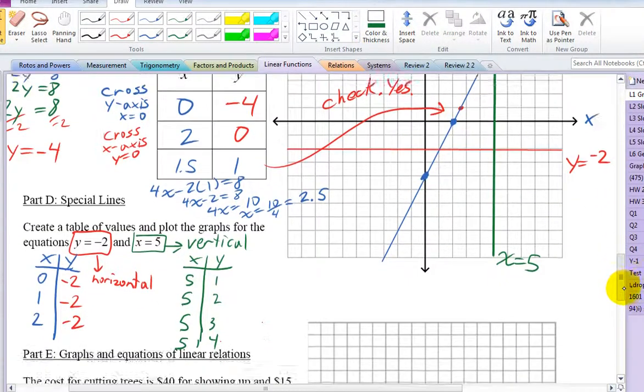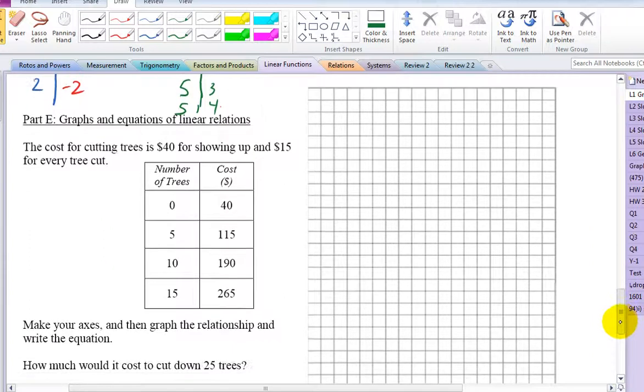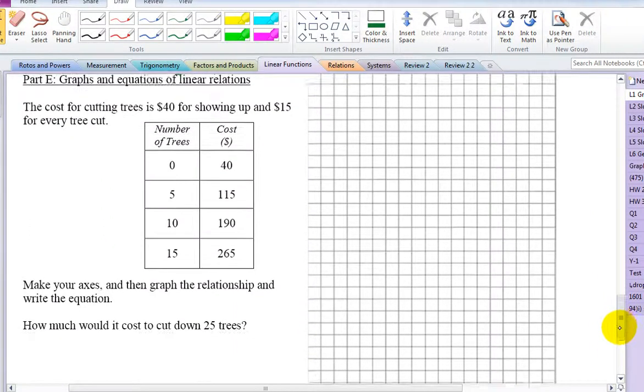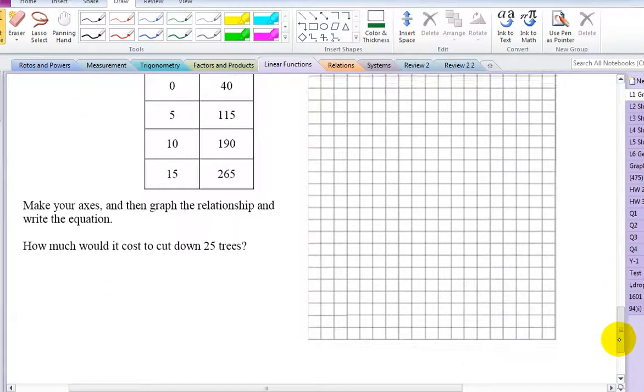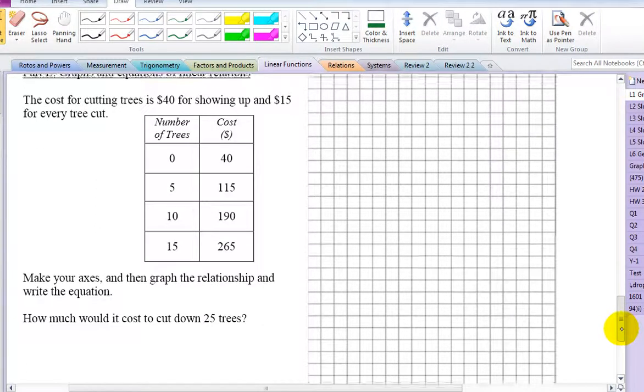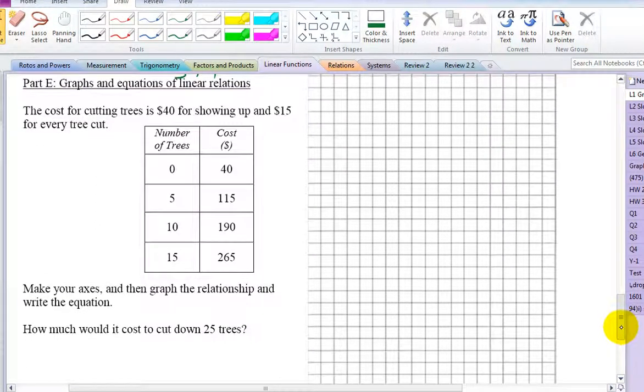Good. Any questions? Okay, so this next one here, this is going to be graphing an equation. The cost for cutting trees is $40 for showing up, and $15 for every tree cut. So if he shows up and doesn't even cut a tree, how much does he get paid?